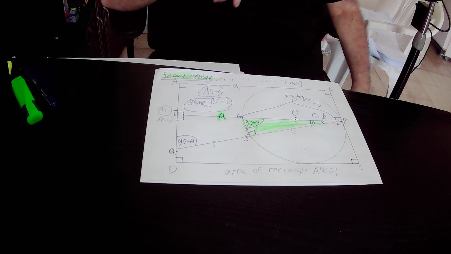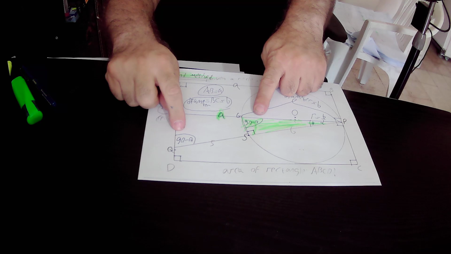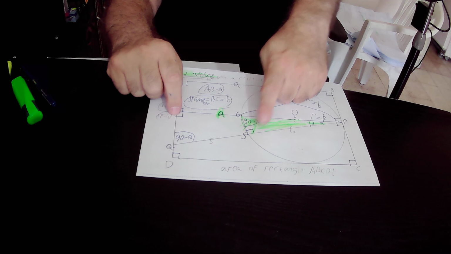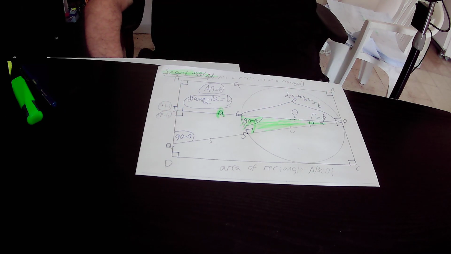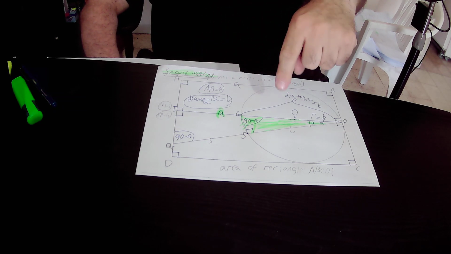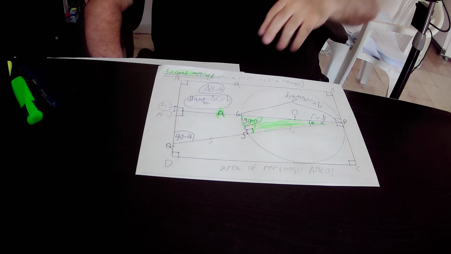Why are those two triangles similar? First of all, those two angles are both equal to 90 degrees, therefore they are equal to each other. In addition, those two angles are both equal to 90 degrees, therefore they are equal to each other. And finally, this angle theta is a common angle that belongs to both triangles, so this angle equals itself. Therefore, the big triangle QTP is similar to the green triangle GSP, according to the angle-angle similarity rule.